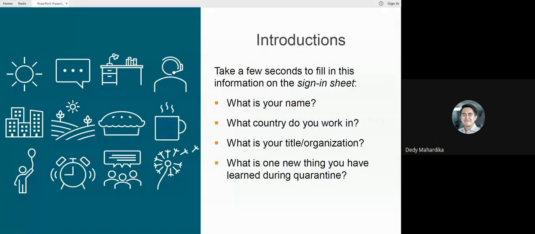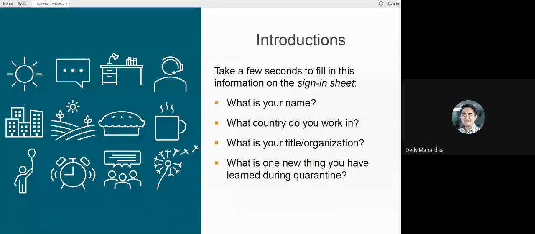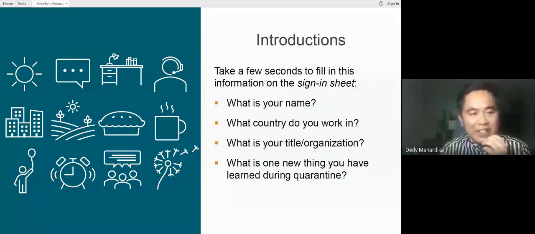What I learned during the quarantine is actually to learn the whole module of the science-based target. That's kind of technical, but yeah, I learned a lot about the science-based target initiatives, and of course, I learned about how to work out more because we need to keep the stamina of ourselves here. So really looking forward to the discussion today. Thank you.